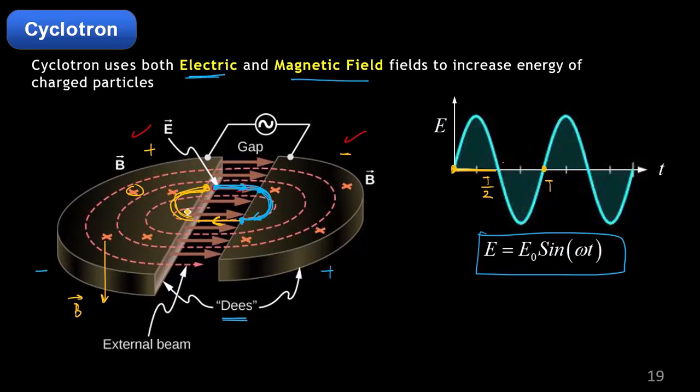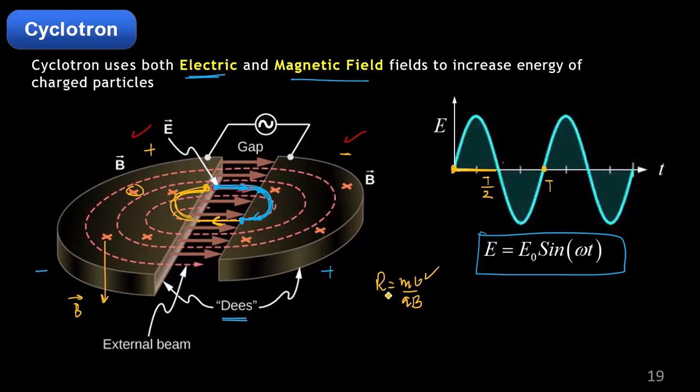Because of the electric field only, the particle will accelerate, and every time the velocity of the particle is going to increase. Since the velocity of the particle is increasing, the radius of the circle, that is mv by q, is also going to increase, because v is increasing.